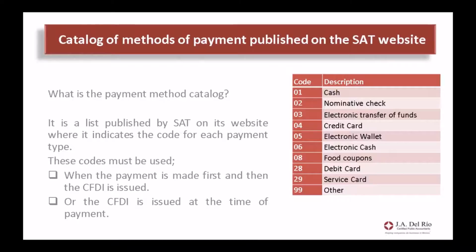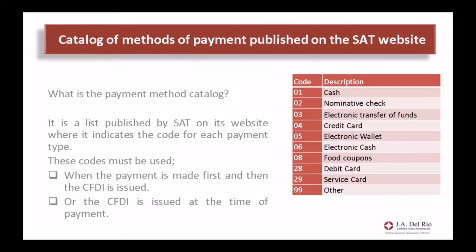For example, there can be an offset of accounts payable and accounts receivable. So we do not see offset in any of these codes. So we will have to use code 99 other. Or, for example, if the payment was made in specie, this means that you receive a good. For this payment, we will have to use code 99.